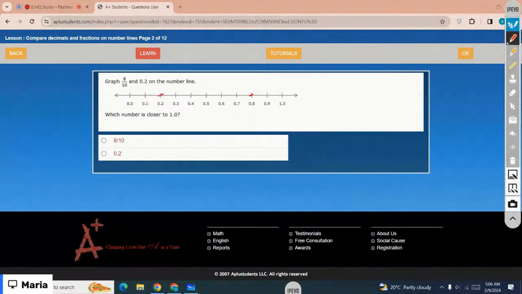Which is closer to 1, not 0? Here is 1. 0.8 is closer to 1, isn't it? That is 0.8 or 8 over 10. You need to see which one is closer to 1, not 0. That is 0.8 or 8 over 10.